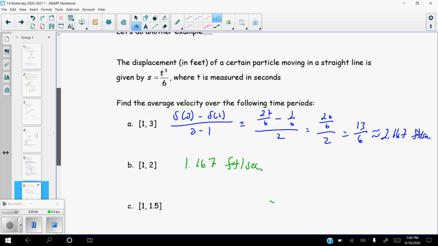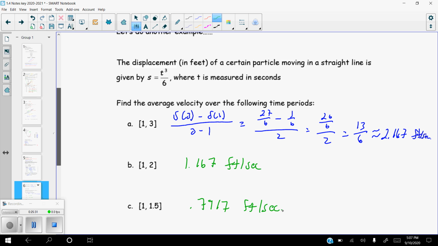And then if we make the distance between time 1 and the second time closer, maybe 1 to 1.5, you're going to get 0.7917 feet per second. Kind of tough to see what we're approaching. We went from about 2.2 to 1.2, so that's about a 1 difference, down to 0.79.